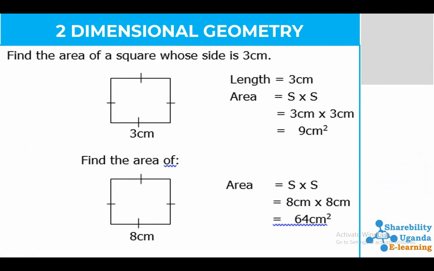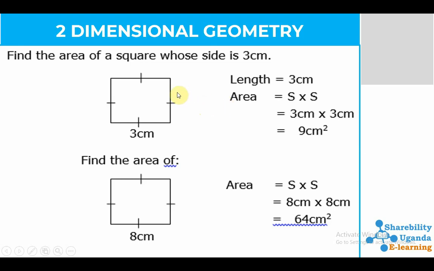In this two-dimension geometry, we shall start with finding the area of a square whose side is 3. Yes, this is quite simple as far as finding the area. One of the best things you have to know is which formula, or which concept, or which procedure you use in finding the area, then it will become very simple for you.